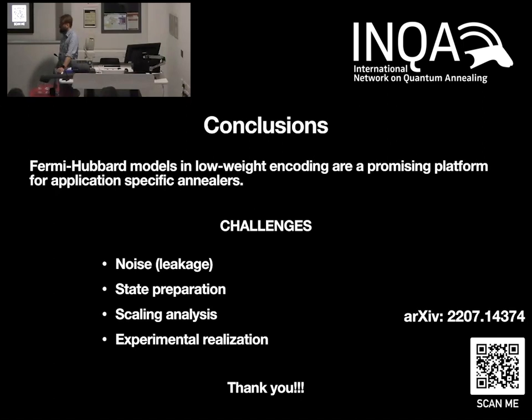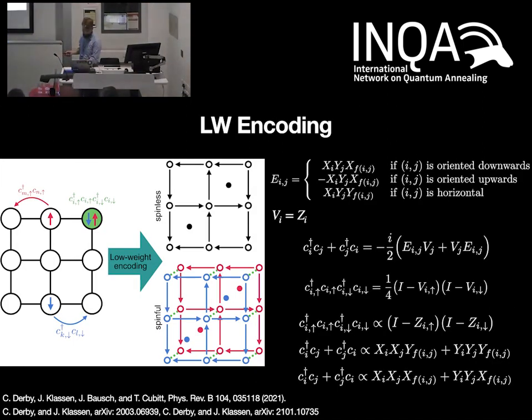So the encoding that I introduced here was investigated based on nearest neighbor interactions. Yes. And this is why you can introduce these directional edges. I don't think that there is a paper doing, at least in this low weight encoding, next nearest neighbors, for example.